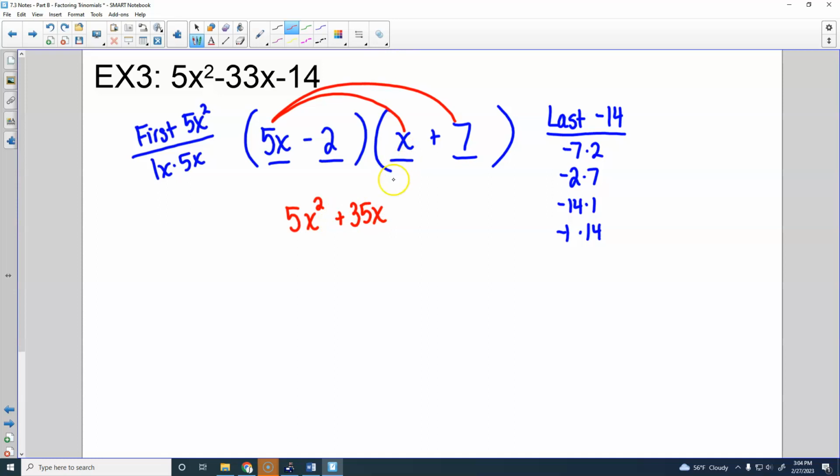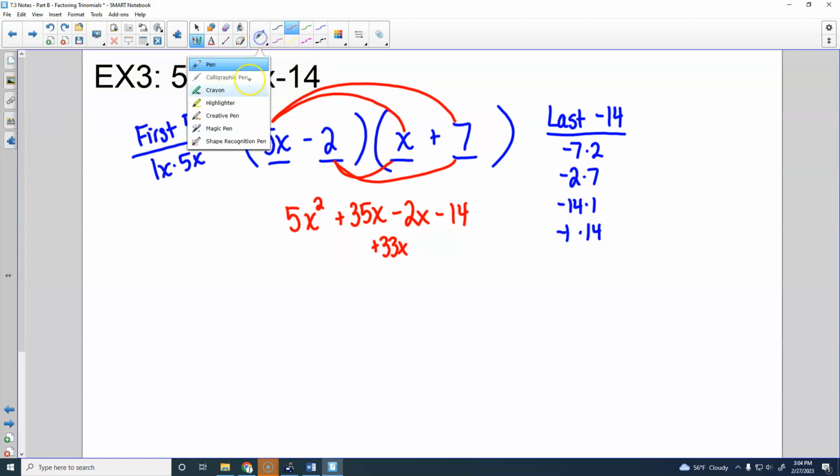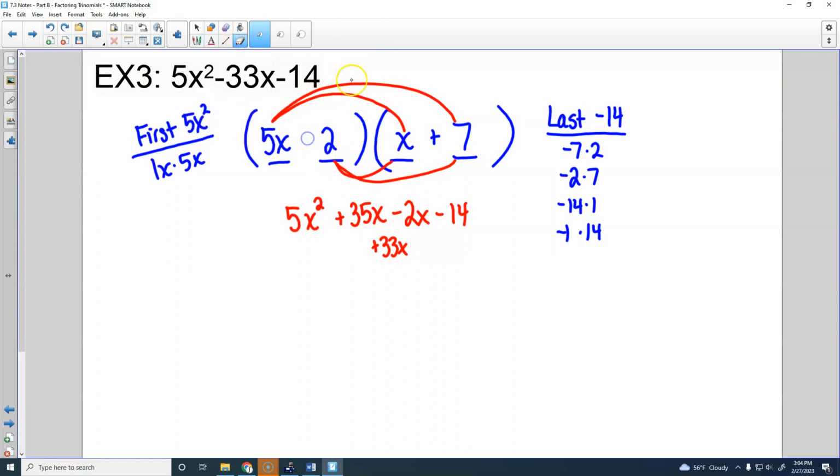Oh, I love it when this happens. Negative 2x. Negative 14. It almost worked. I just have, that's a positive 33x. I need a negative. So I just got to switch the signs. So make this one a positive right there, and this one a negative.